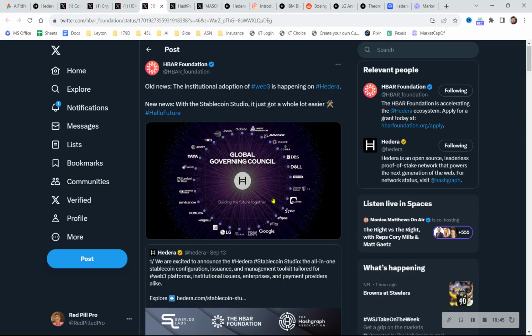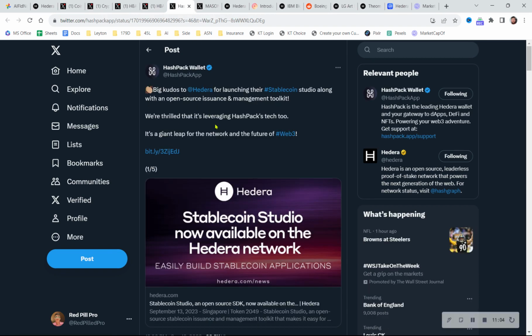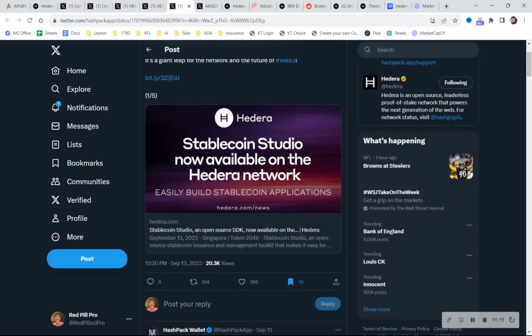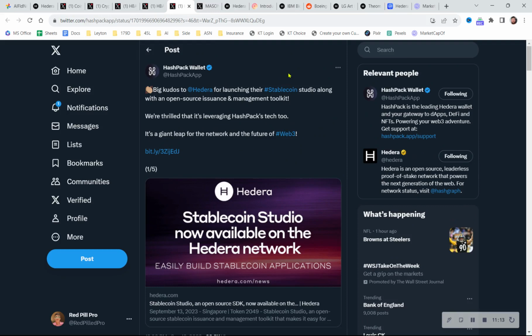This is actually a new thing that just came out like a week ago. There is a developer option on the Hedera network that you are able to make stablecoins pretty quickly and easily as well. And I have another thing here on this. So if you are interested in this part of it, it has a lot of information out there now.